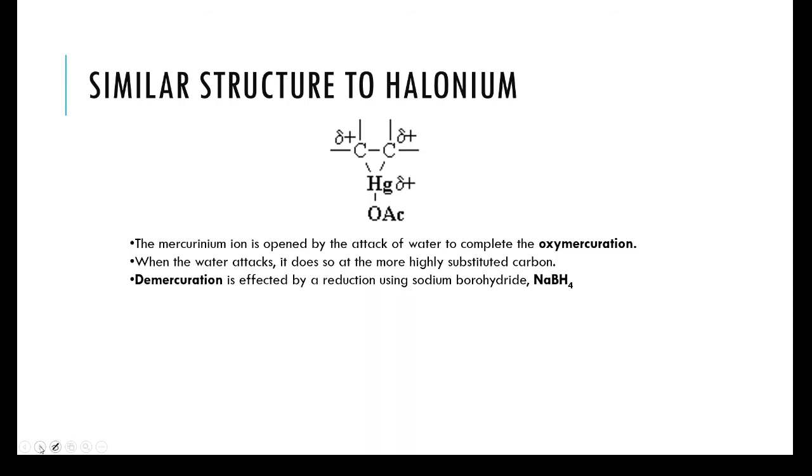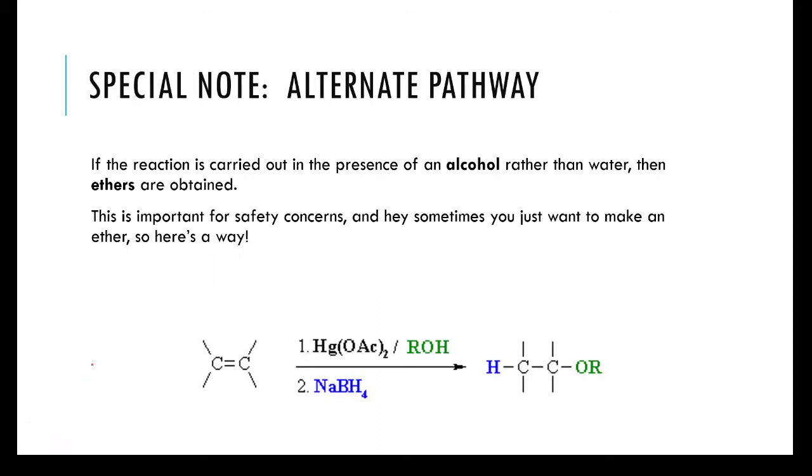I would probably guess the 60s or 70s was the last time. Schools aren't going to really allow large amounts of mercury on campus when not needed. So am I going to ask you the mechanism on this? No, I'm not going to ask you for the mechanism, but you should know what product you get if you use mercuric acetate.